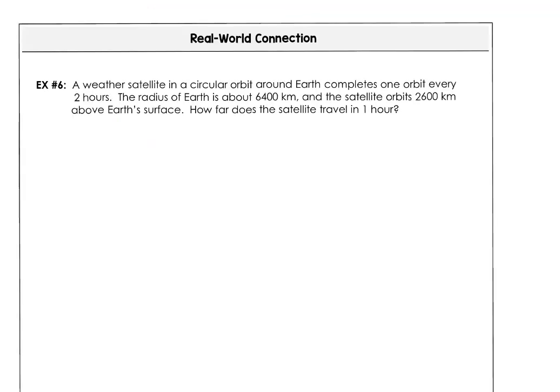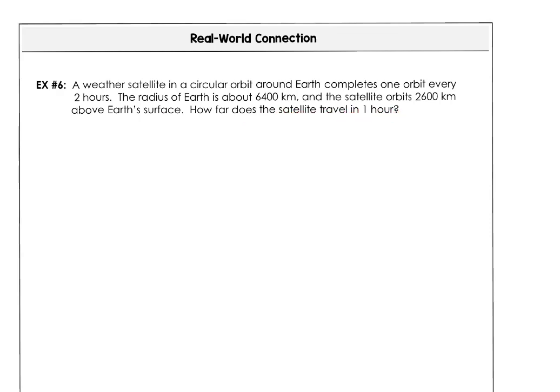And then our last example, a real-world connection, says we have a weather satellite going in a circular orbit around the Earth. It completes one orbit every 2 hours. The radius of Earth is about 6,400 kilometers, and the satellite orbits 2,600 kilometers above Earth's surface. How far does the satellite travel in 1 hour?